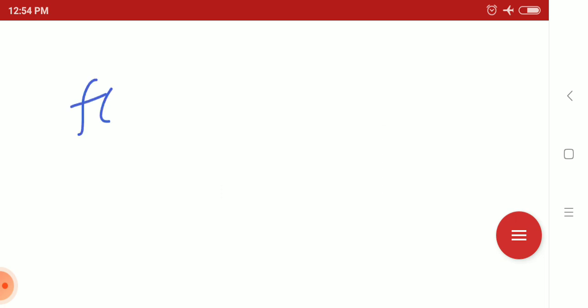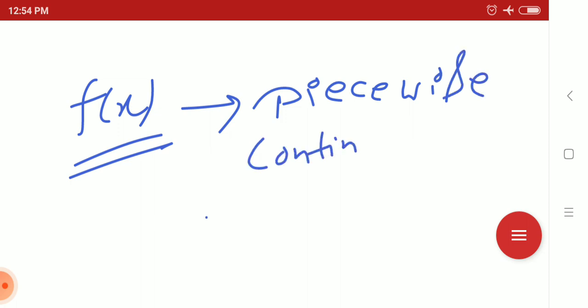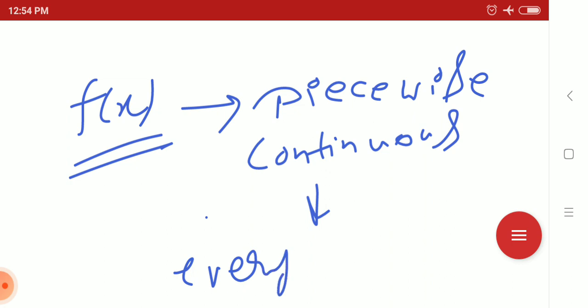But here what is the condition for f of x? Here f of x should be piecewise continuous, piecewise continuous in a finite interval, in every finite interval.